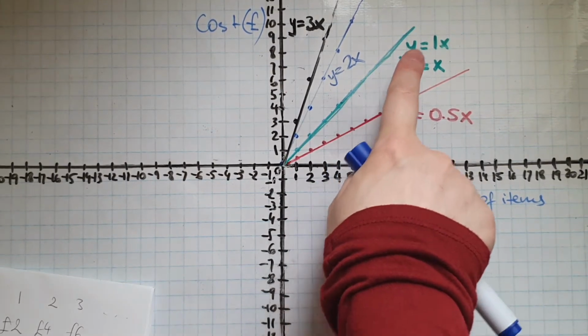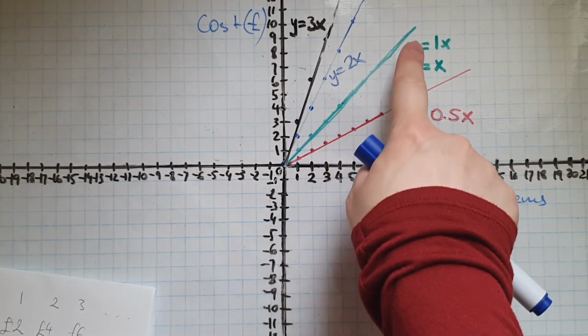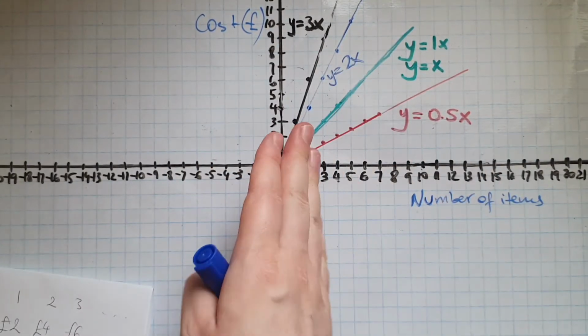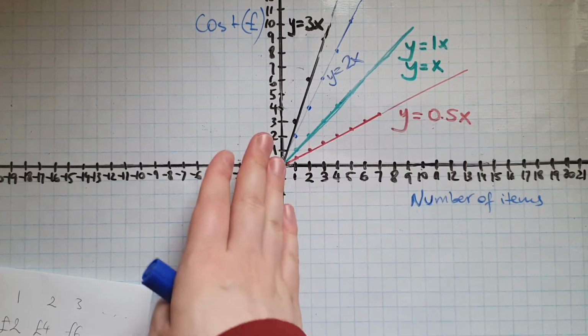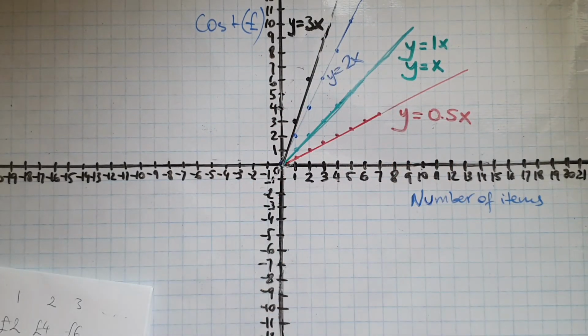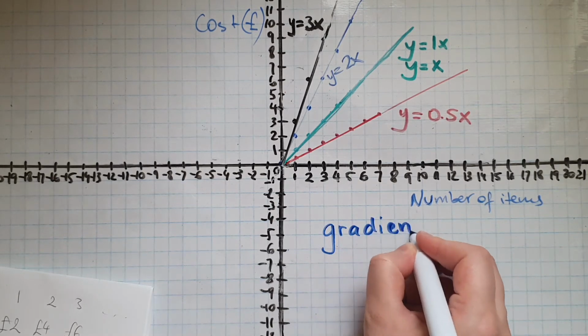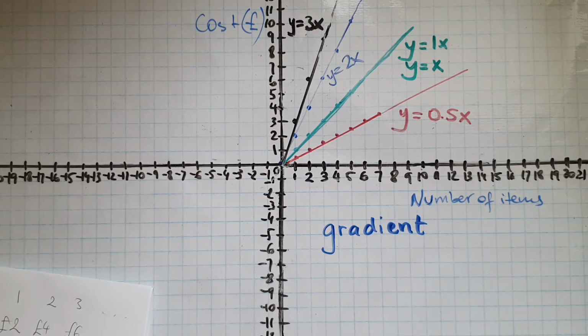When it came to each item being £1, the line was less steep, and then for 50p even less steep. What we call this steepness in mathematical terms, we call it gradient. That's the steepness.